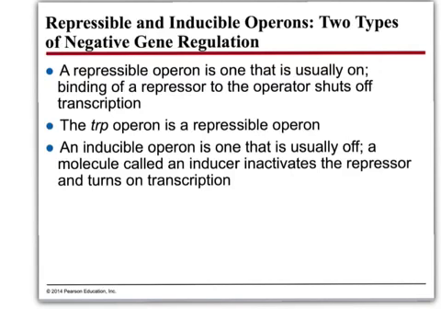All right, so it's a cluster of genes, including its regulatory elements, and they're found where? They're found in DNA, but in what type of organisms? In prokaryotes, okay? They're found in prokaryotes.